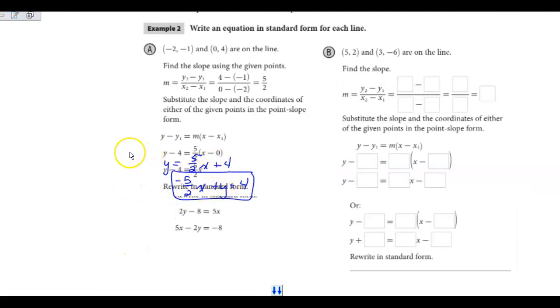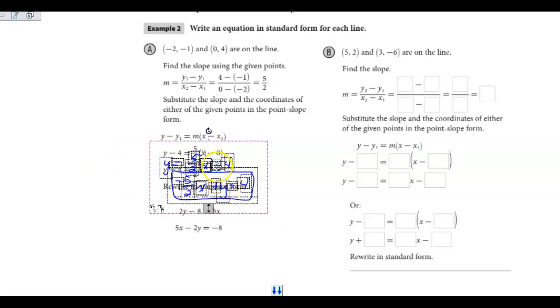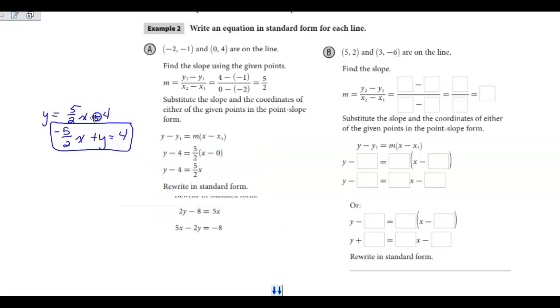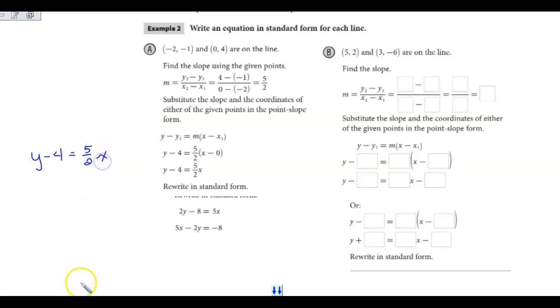Let's just go ahead and start back from the beginning. That'll be easier to see. So we had our y minus 4 equals 5/2 x. And really what they wanted you to do is get rid of that 2 as a denominator.